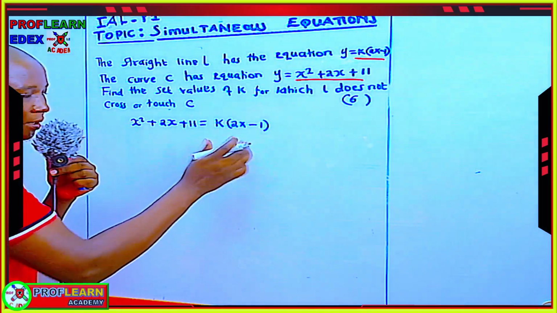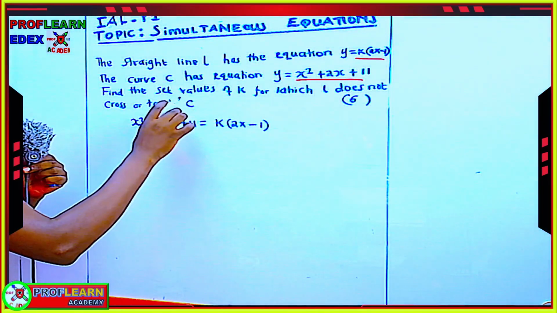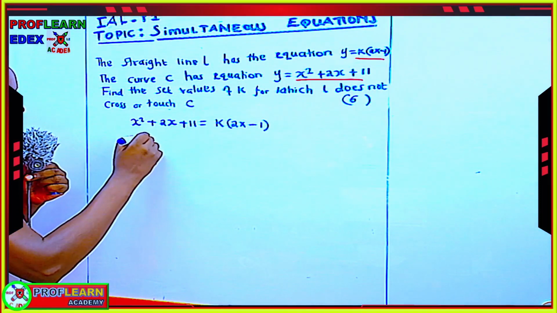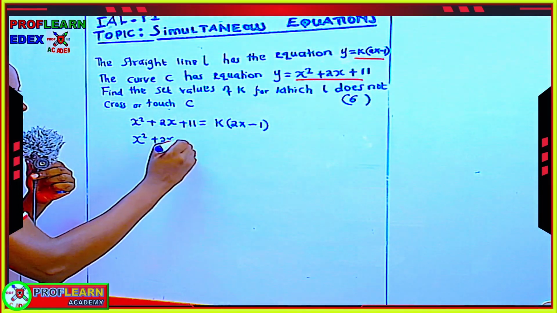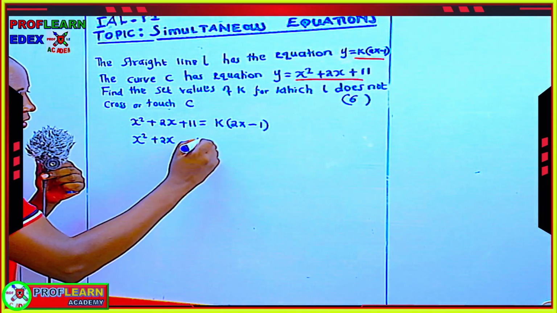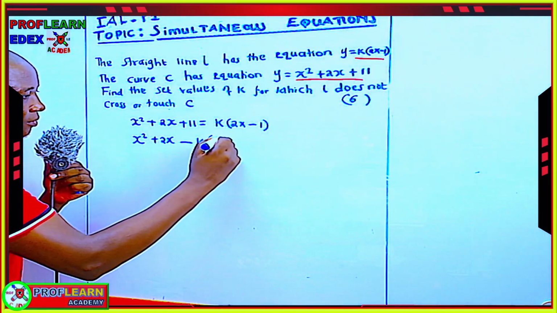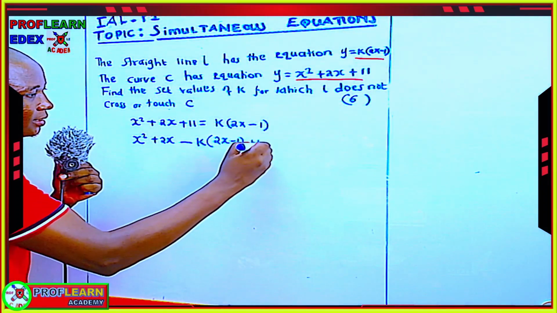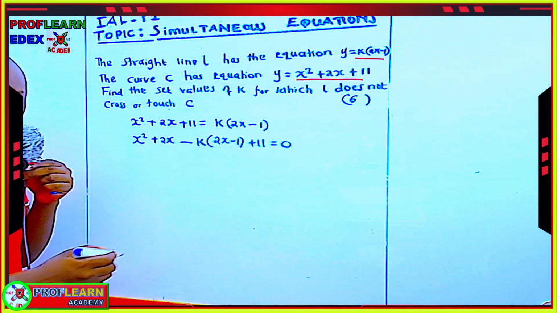We can take this to the other side: x squared plus 2x minus k(2x minus 1) plus 11 equals 0.